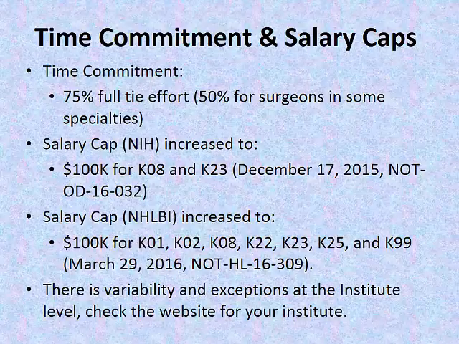So if you're a clinician researcher and say you're a neurosurgeon and you spent 10 years learning how to do neurosurgery, you're going to lose your skills if you're only doing it 25% of the time. So for surgeons, there is this 50-50 option. And I have seen that also requested for some people in the more procedural parts of medicine, like if you're an interventional cardiologist and a researcher, you could ask for the 50-50 split.